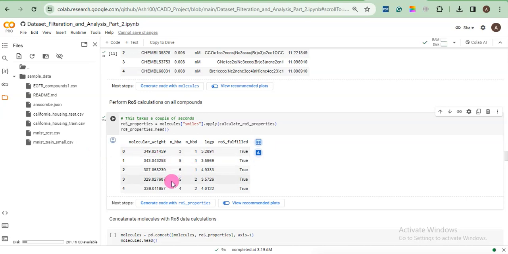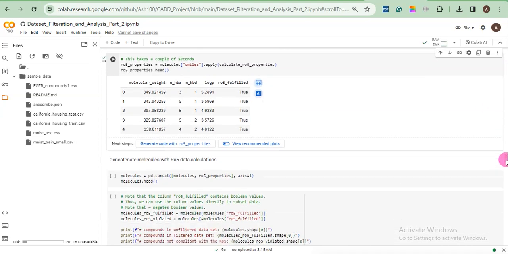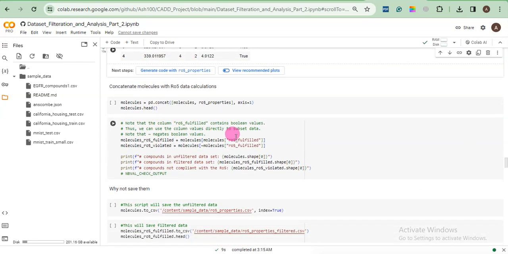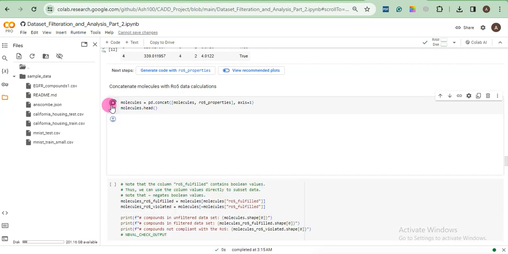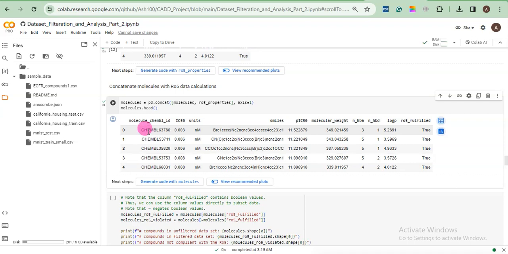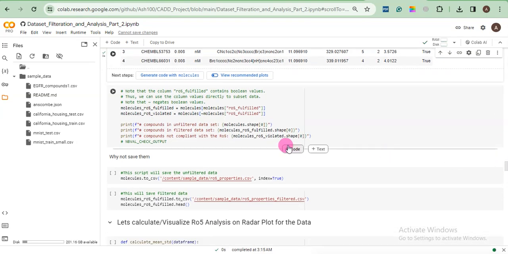So for all of it, the rule of 5 was calculated. Now we will merge, or concatenate, the rule of 5 data with our data set. Now you can see ChEMBL ID, IC50 nanometer, and those things, and now these are merged with our data.